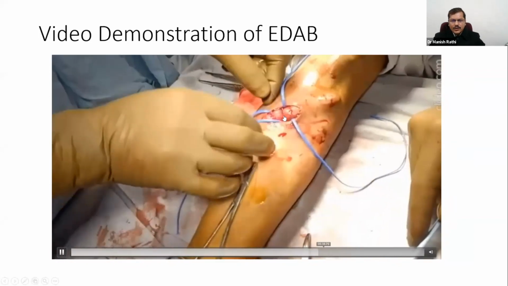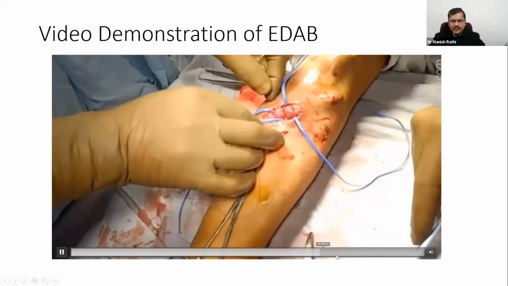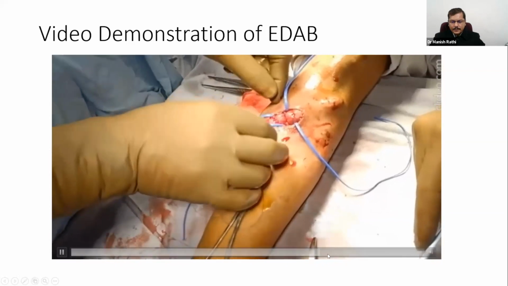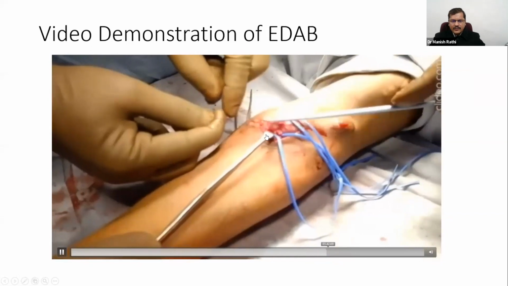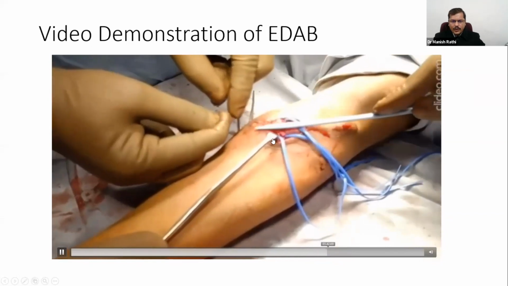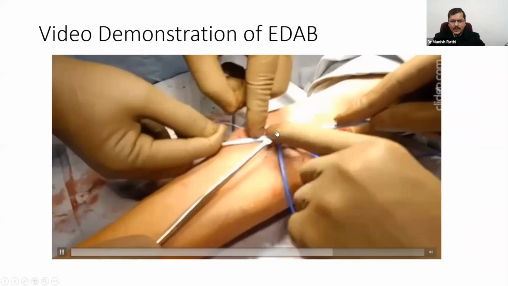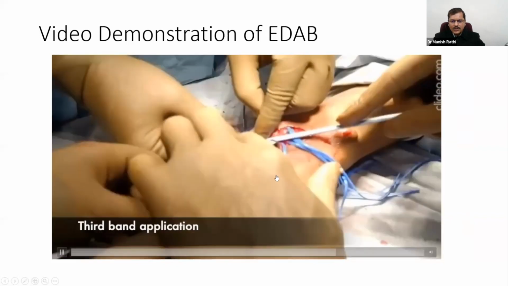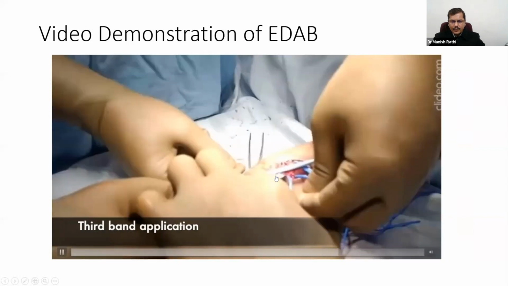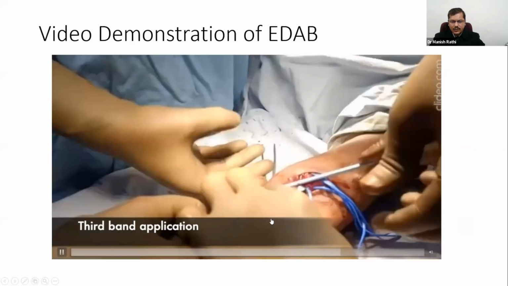Once you have put the knots, you can remove the excess suture and put another band, like you can visualize here. I have taken the suture from below. Now we are putting the dilator over here and closing with the first knot, closing it completely, obstructing the flow, making it 0.